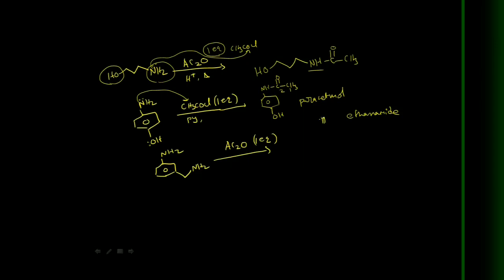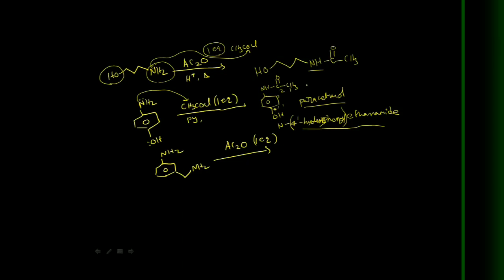On the phenyl, 1 dash, 2 dash, 3 dash, 4 dash, at the 4 dash carbon there is an OH group. So 4-hydroxy, 4-hydroxyphenyl, placed on the nitrogen. So N-4-hydroxyphenylethanamide, that is the IUPAC name of paracetamol.